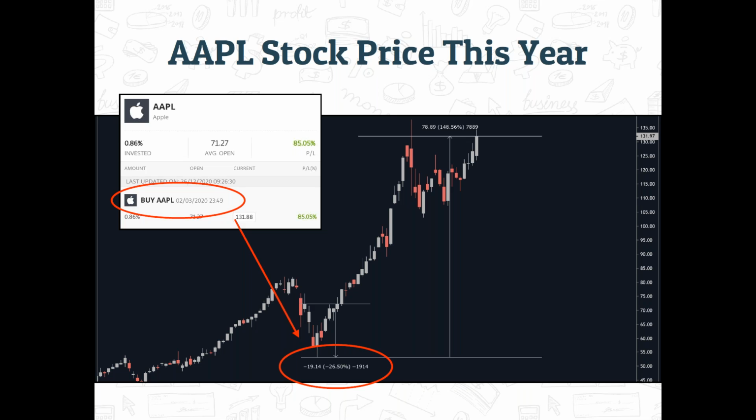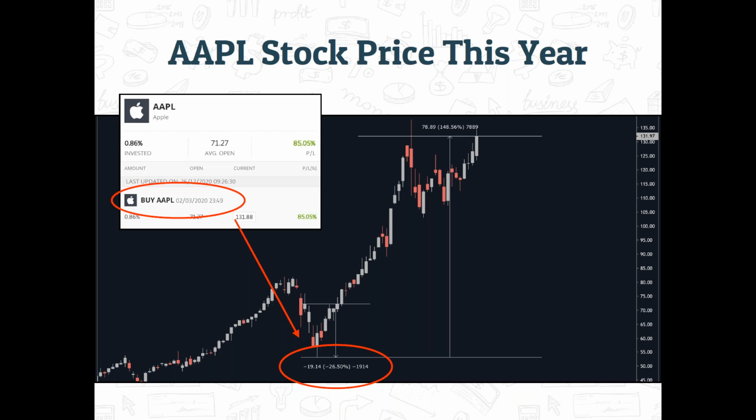I want you to ask yourself this question. If this is not Apple, because I think a lot of people nowadays already know this company, we have confidence in Apple, it's cash rich. But let's say this is not Apple. Maybe this is some other company that is not very well known, and you invested in it and you see the stock price dip and drop by 26%.